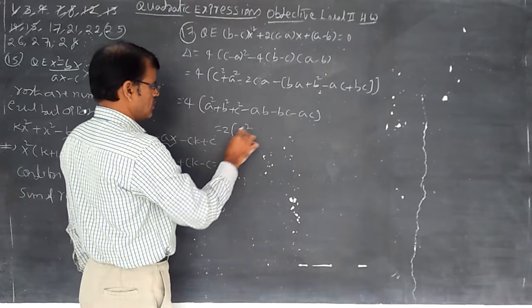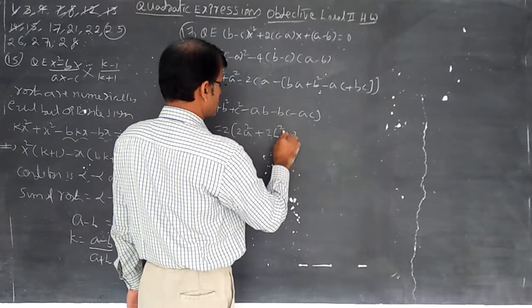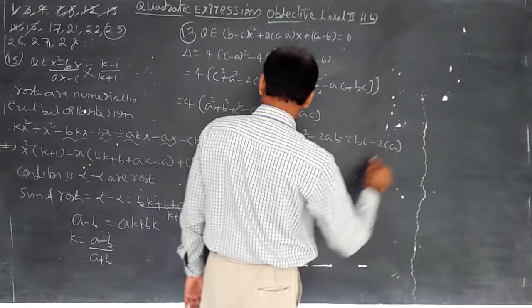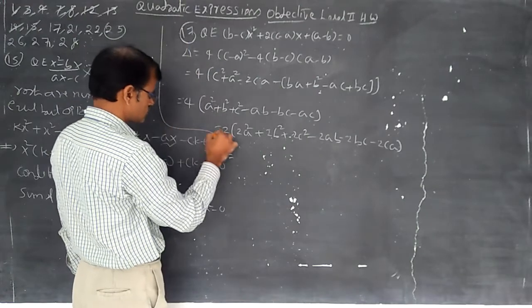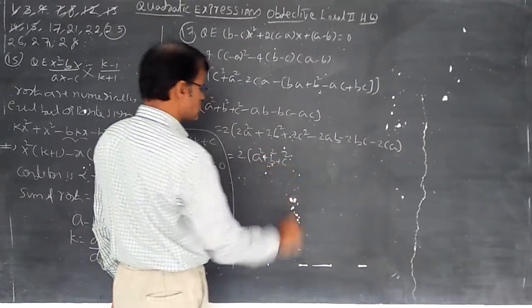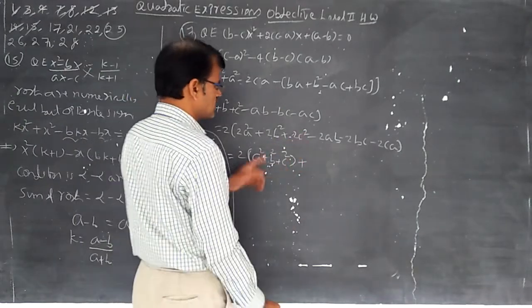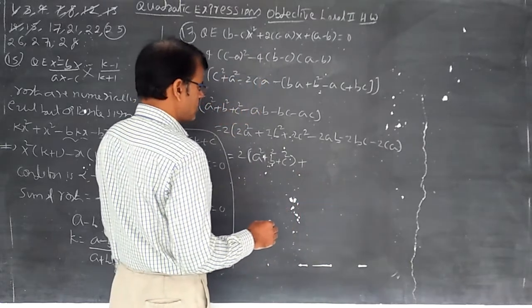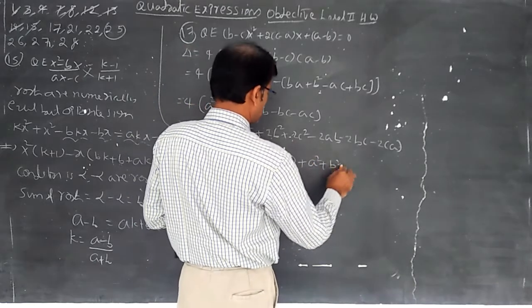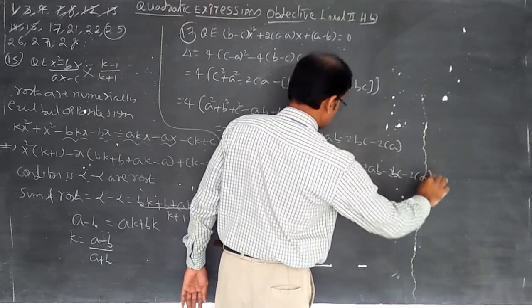We have written it like this: 2 into (2a square plus 2b square plus 2c square minus 2ab minus 2bc minus 2ca), that is equal to 2 into a square plus b square plus c square, separate squares: a square plus b square minus 2ab, b square plus c square minus 2bc, like this, and c square plus a square minus 2ca.